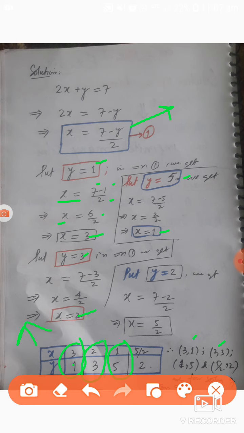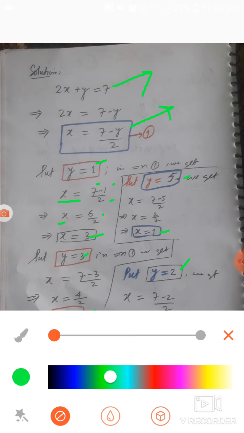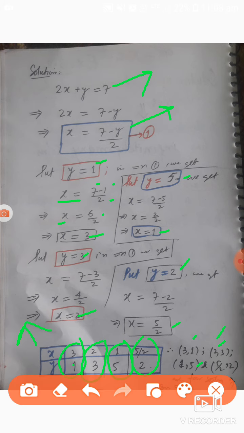Now for y equal to 2, we get x equal to 5 by 2, so 5 by 2 comma 2 is another solution of the given equation. A given equation in two variables can have infinitely many solutions, but here you have to find only 4. So we got 4 solutions: 3 comma 1, 2 comma 3, 1 comma 5, and 5 by 2 comma 2. These are the 4 solutions of the given equation 2x plus y equal to 7.